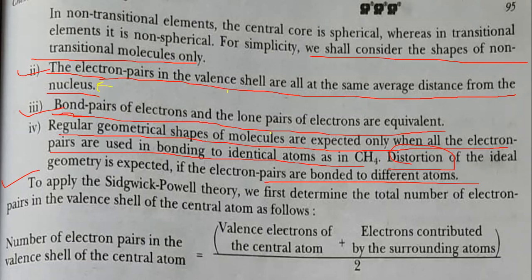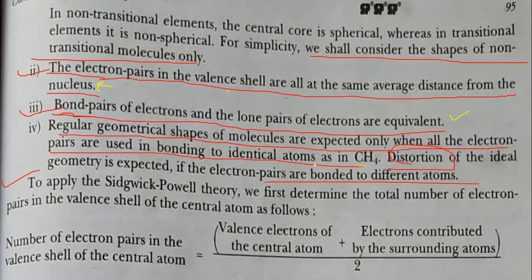The bond pair of electrons and the lone pair of electrons are considered equivalent in this theory, but in VSEPR the scene will be different. Regular geometrical shapes of molecules are expected only when all electron pairs are used in bonding to identical atoms, as in CH4.